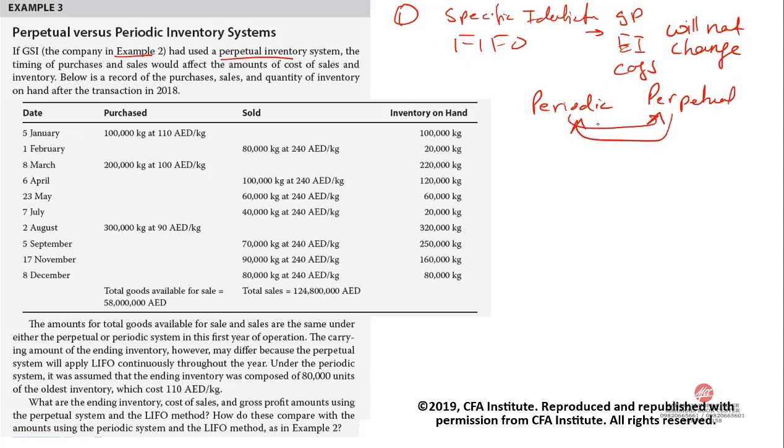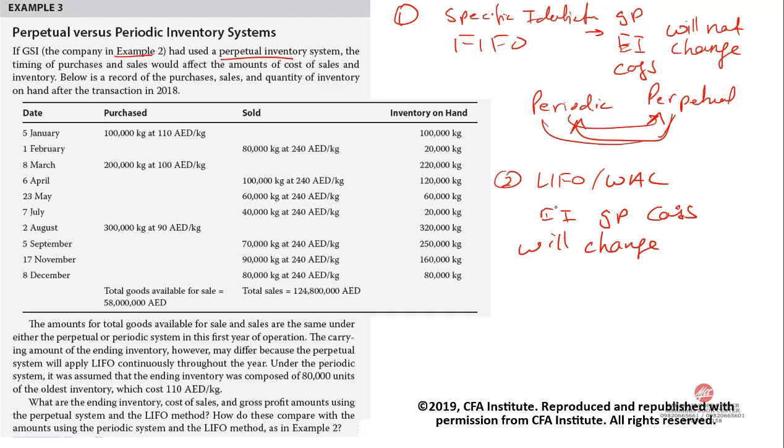Either we use periodic or perpetual, ending inventory, cost, gross profit, cost of goods sold will not change. Second thing, if we are using last in, first out or weighted average cost, ending inventory, gross profit, cost of goods sold, everything will change if we go from periodic to perpetual.